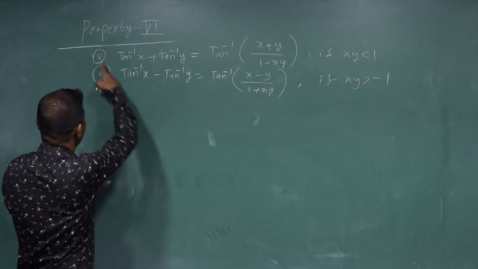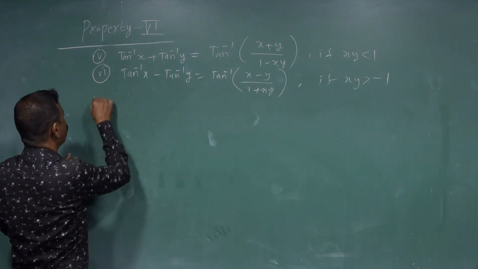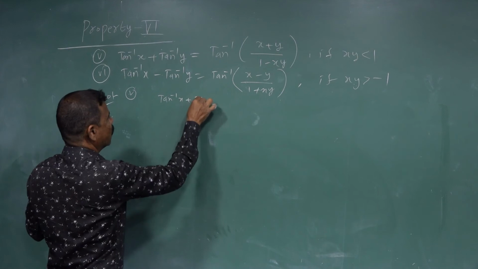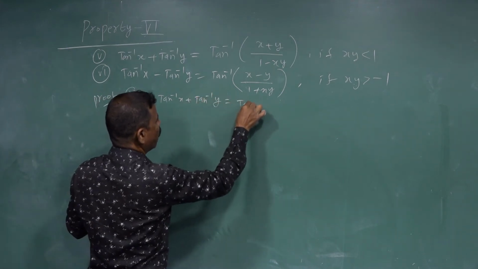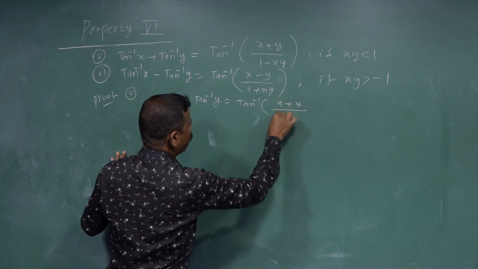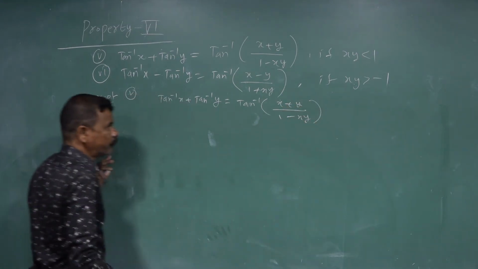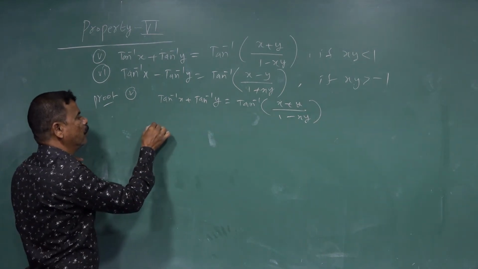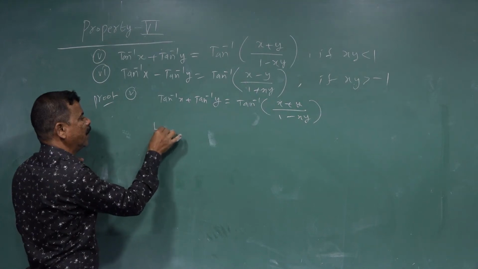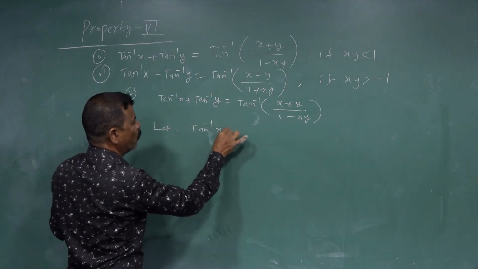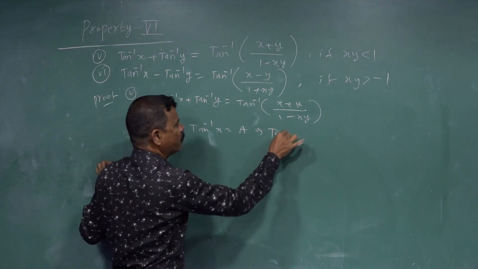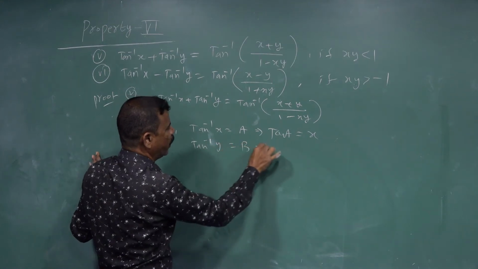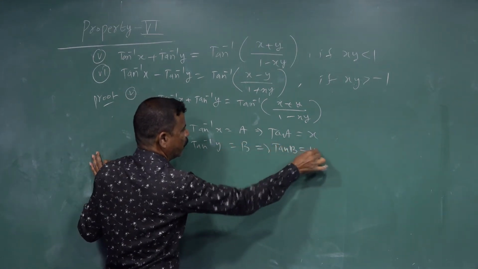We prove at least one formula. Proof for the fifth: tan inverse x plus tan inverse of y is equal to tan inverse of (x plus y) by (1 minus xy). Let tan inverse x be equal to a, then tan a is equal to x. Let tan inverse y be equal to b, then tan b is equal to y.